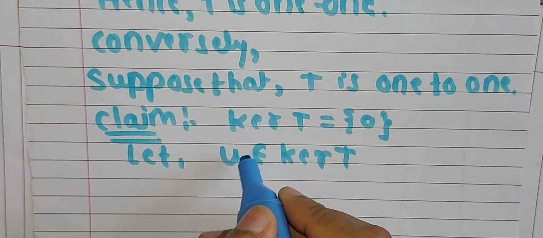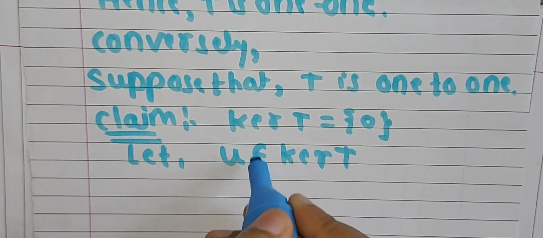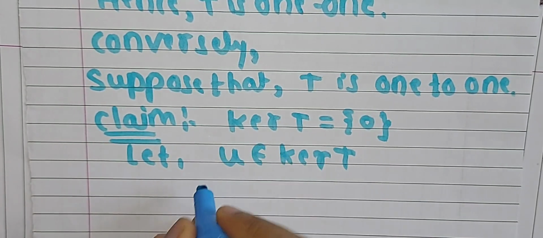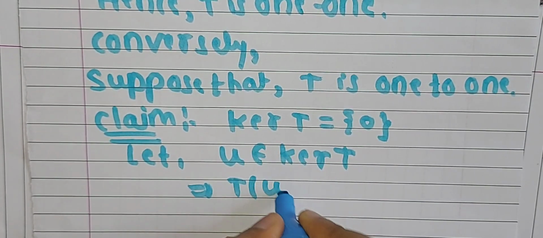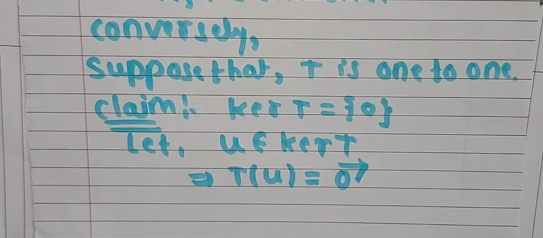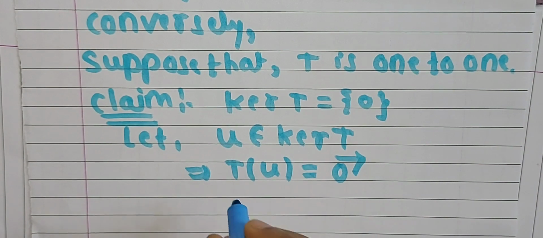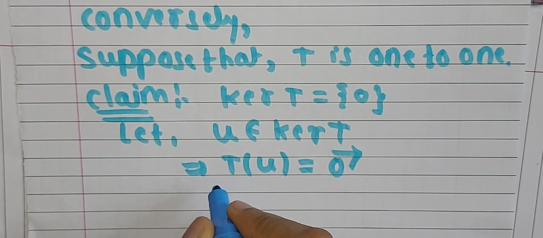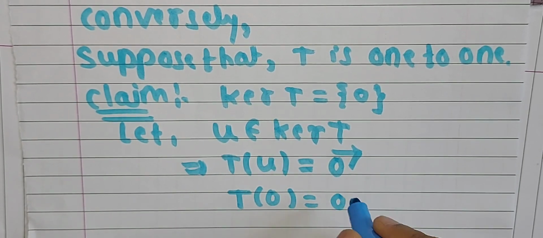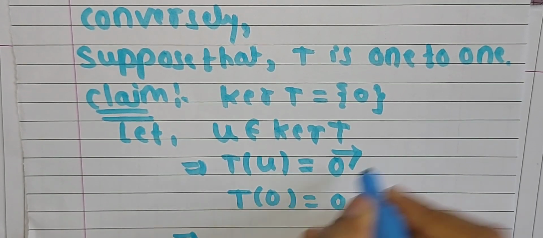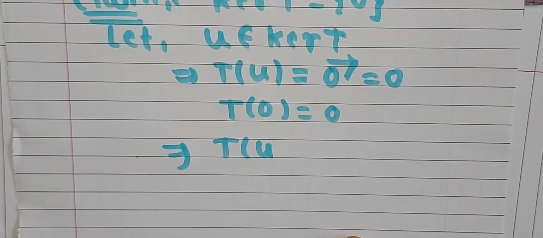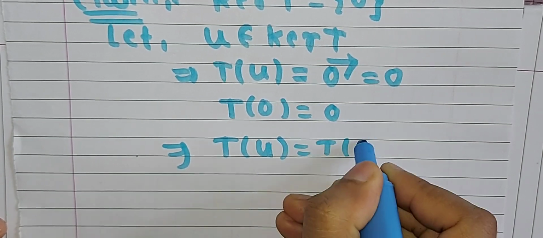So now we have kernel of T and one element from kernel of T, that is u. Then apply the transformation on u, that is T of u, and we get in the range only one point, that is 0 bar. So T of u equal to 0 bar, and we have already discussed one theorem in a previous lecture, that T of 0 is equal to 0 bar. Then putting this in, we get T of u is equal to T of 0.